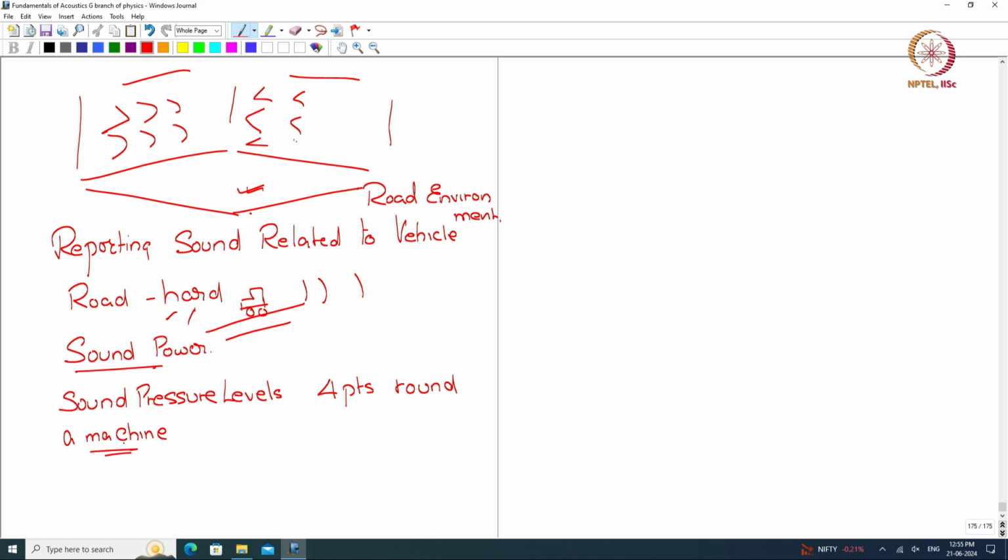This I am taking from a book by Professor M.L. Munjal, titled Noise and Vibration Control, from World Scientific.